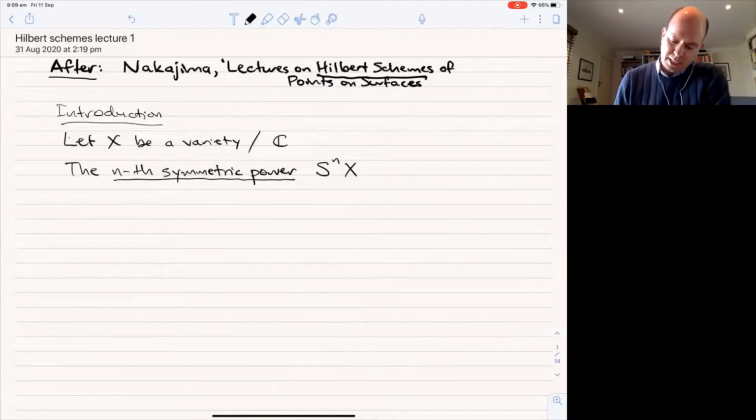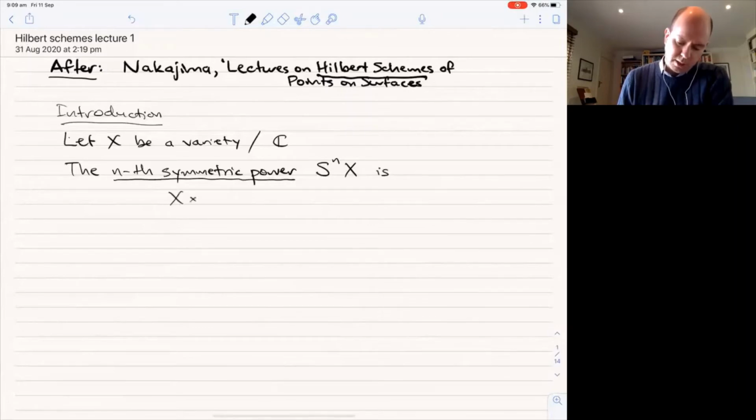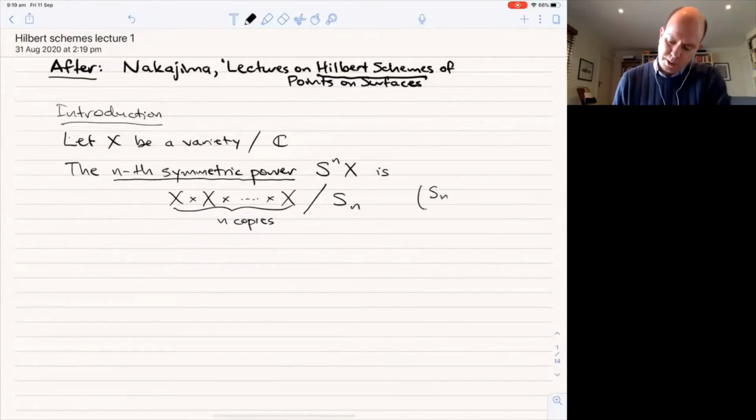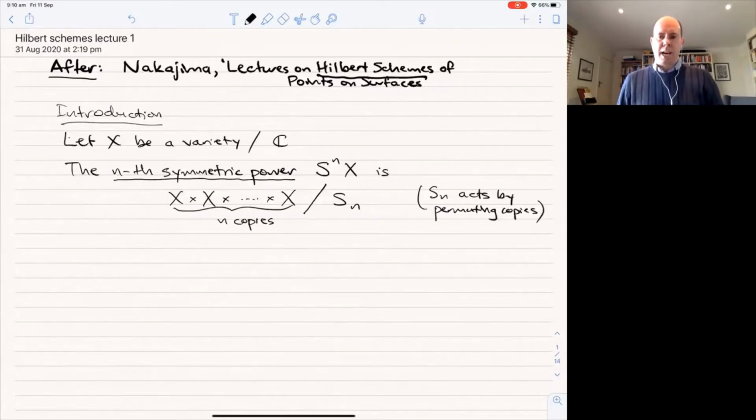This is, by definition, a quotient of the Cartesian power. So if you take the product of n copies of X, and then take the quotient of that by the action of the symmetric group S_n, where the symmetric group is just acting by permuting the copies, then you get the nth symmetric power.